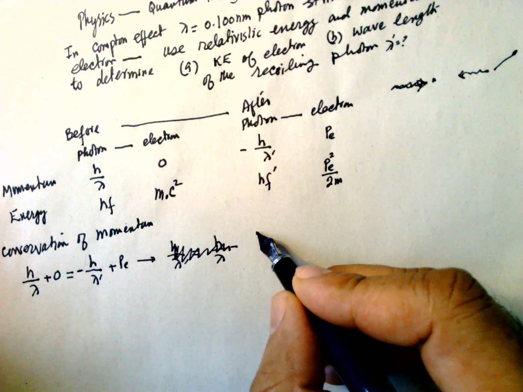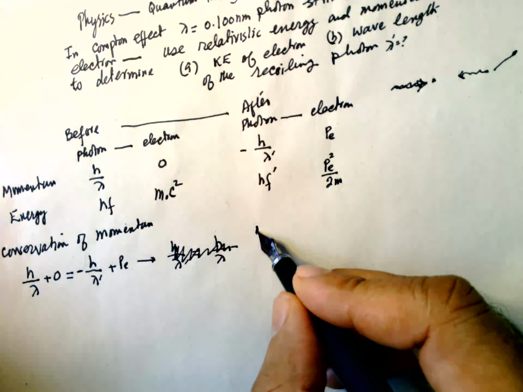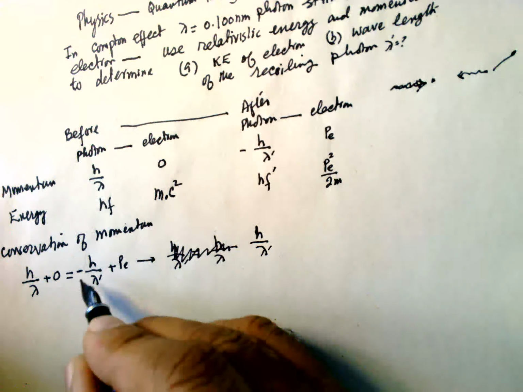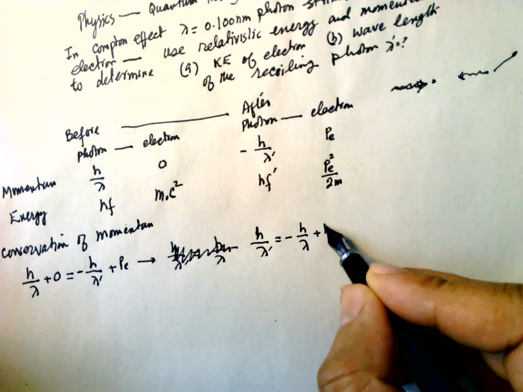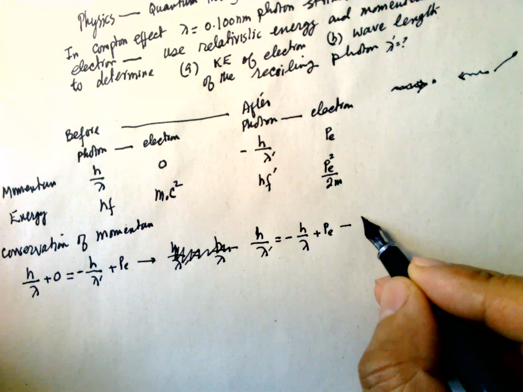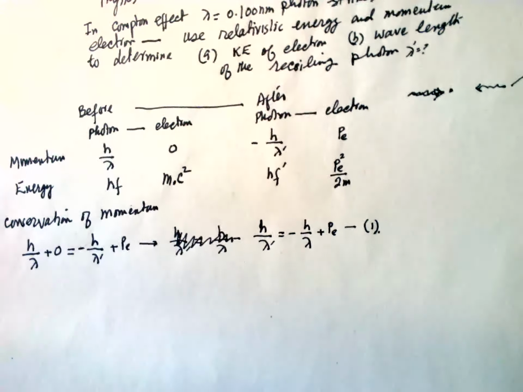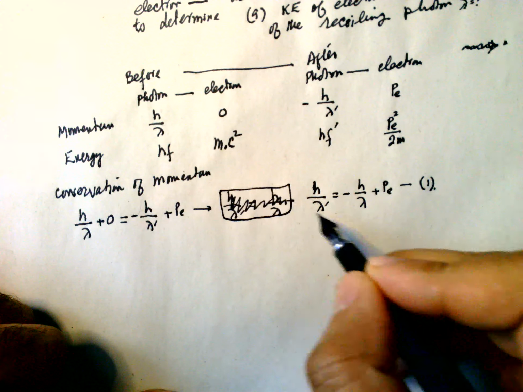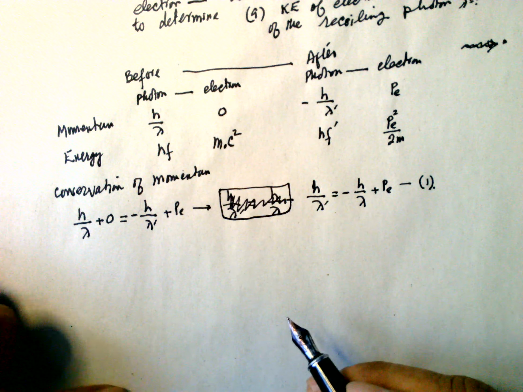So H over lambda dash is equal to minus H over lambda plus PE. This is equation number 1. So in terms of lambda dash, because we have to find this value, we have done this one.